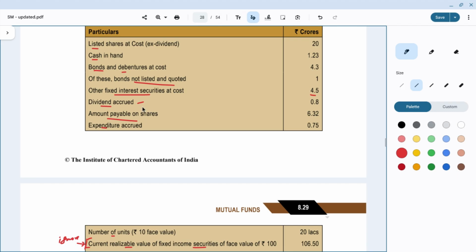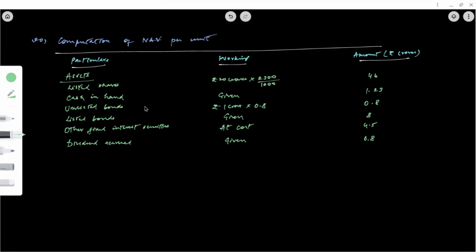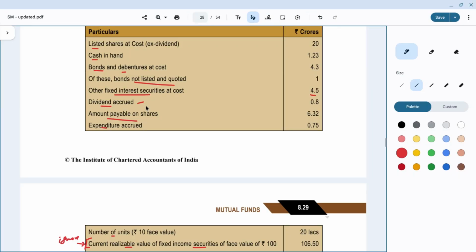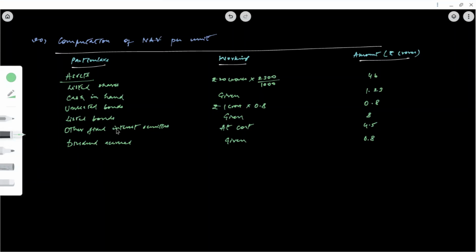But here it is given dividend accrued, so we will understand it to be the dividend that is going to be received by the mutual fund from its investments. Next, amount payable on shares is a liability, and expenditure accrued is also a liability. Now we will come to liabilities.